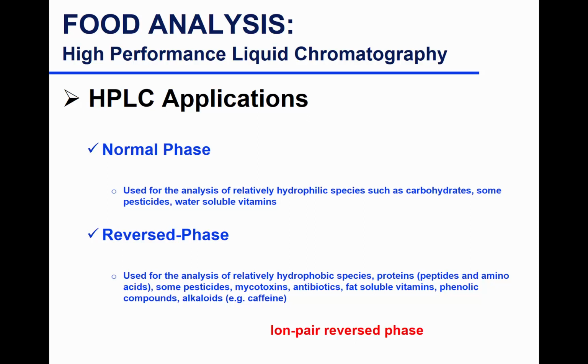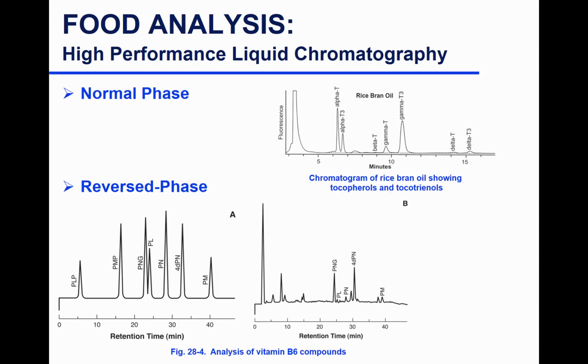So basically you're blocking the charge, so that the molecule or component can become more hydrophobic or less polar so that they can be separated by reverse phase. I'm not going to dwell much on that. This is just an example separation using reverse phase versus normal phase.